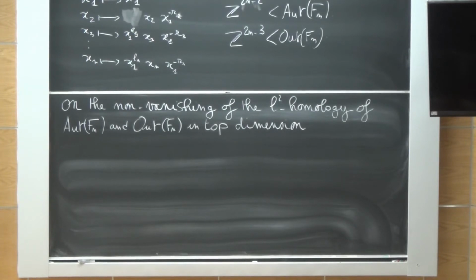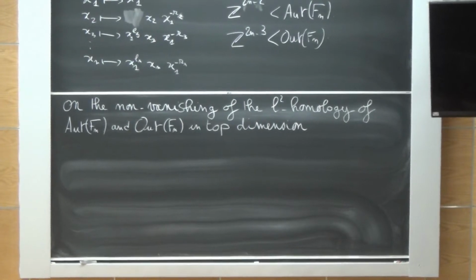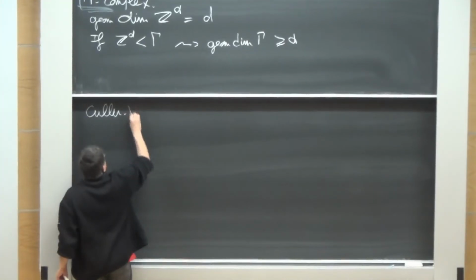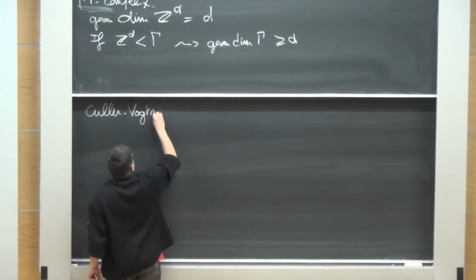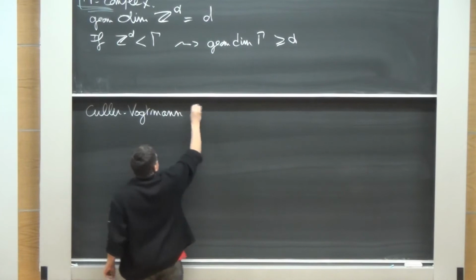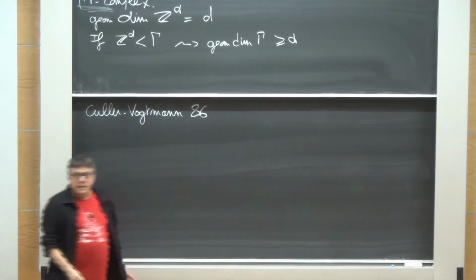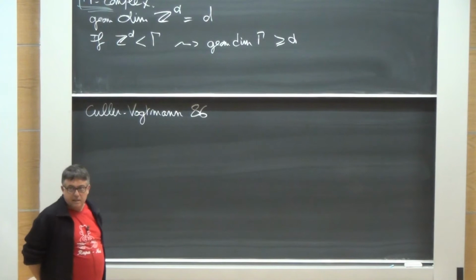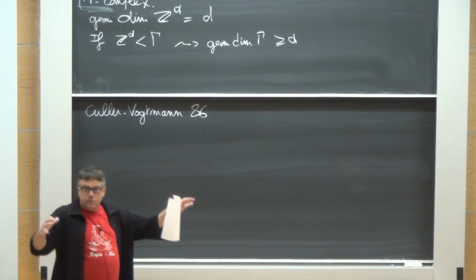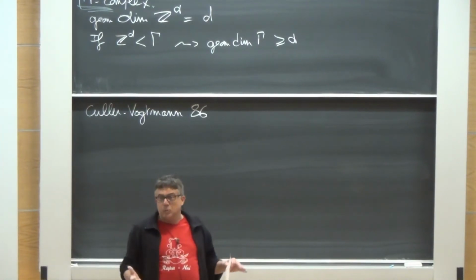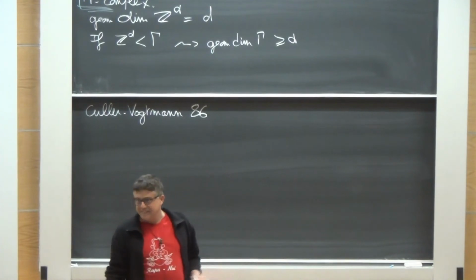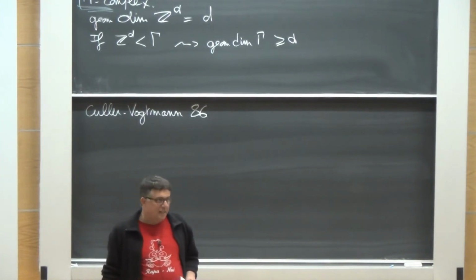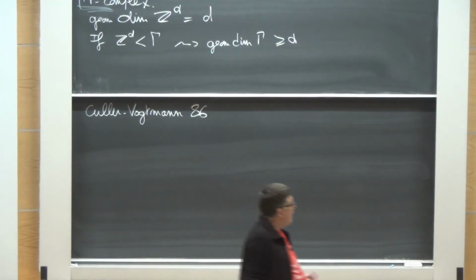There is a space introduced by Culler and Vogtmann in 86, which is called the spine of the outer space. So first of all, they introduce the outer space, the space on which Out(F_n) acts.